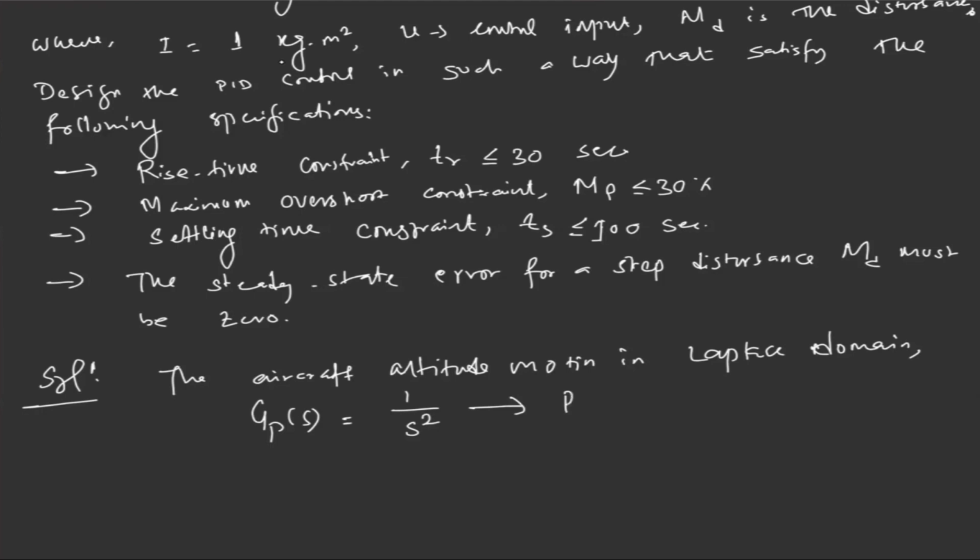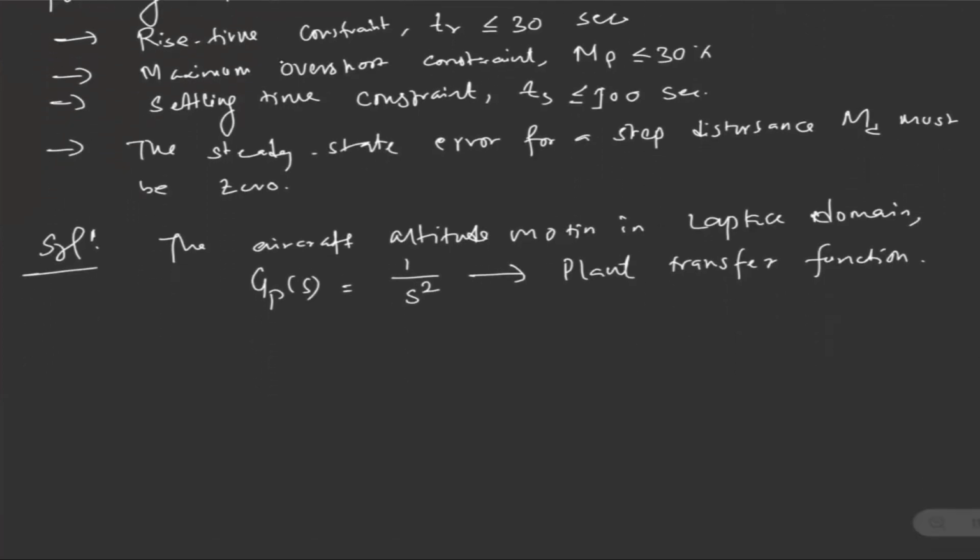This is basically the plant transfer function. This you have already derived while we were talking about the equation of motion of the aircraft. Now we'll be designing the PID control, how we can come up with the combination of PD and PI.